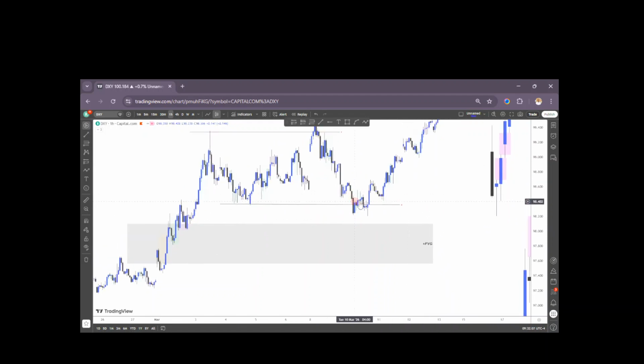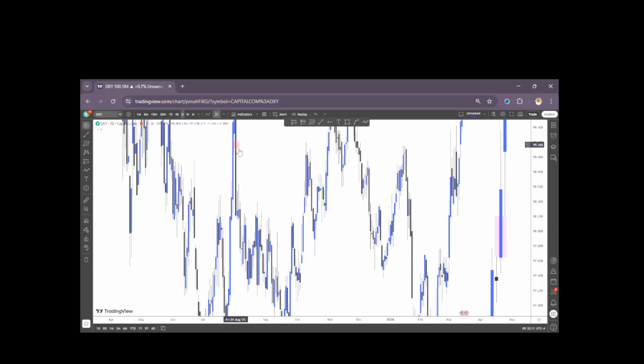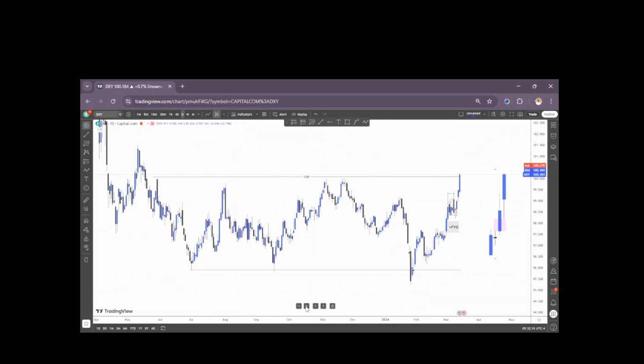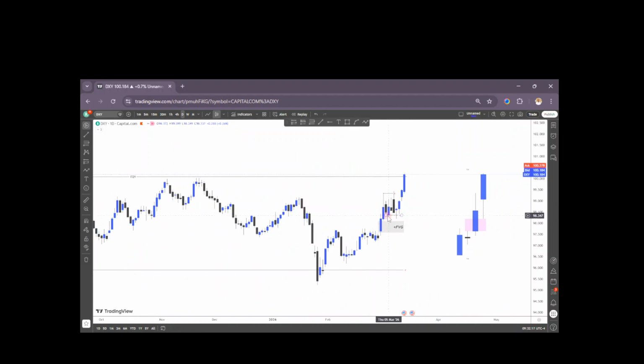After having these, coming back to the daily time frame a little bit, you realize that on Tuesday we had a reversal candlestick, right? So we would expect on Wednesday, because we are not looking to trade on Tuesday, we are looking to trade on Wednesday and Thursday and also on Friday.